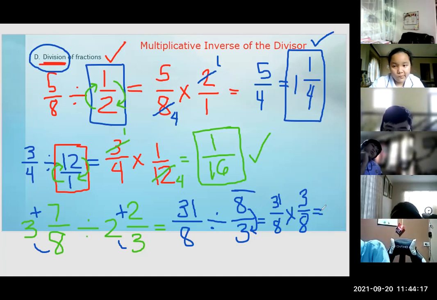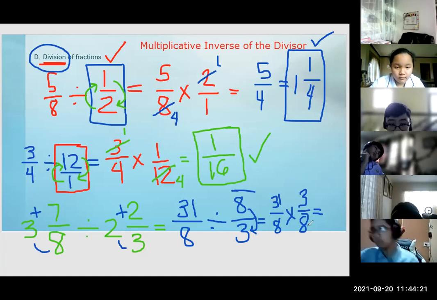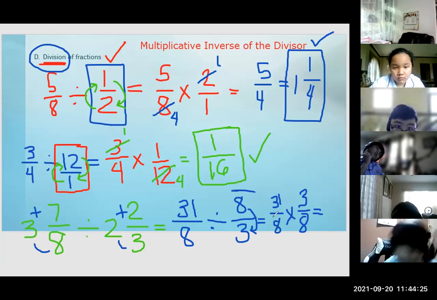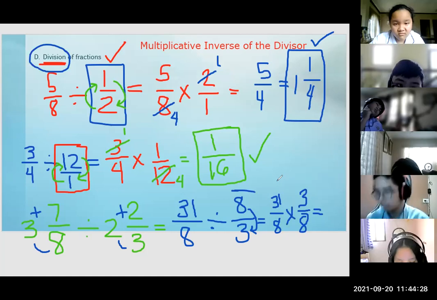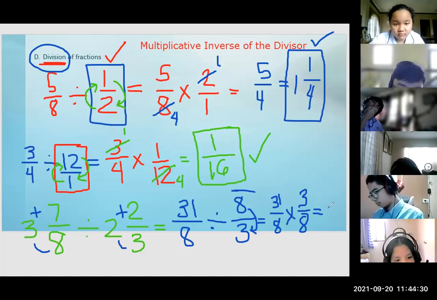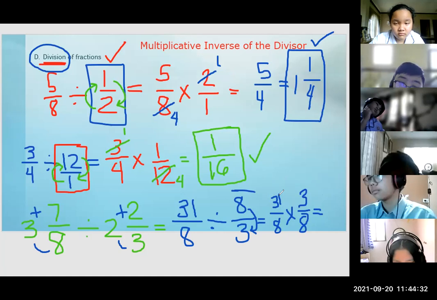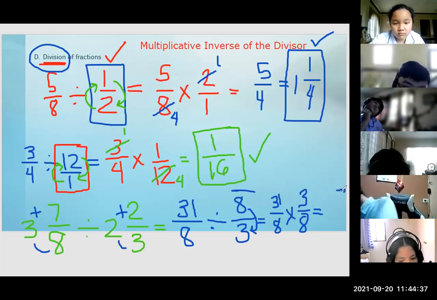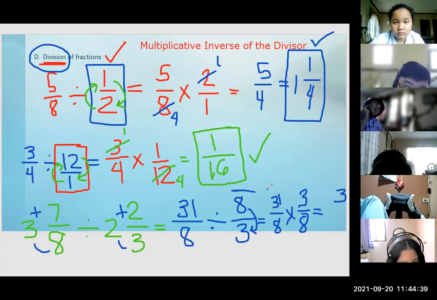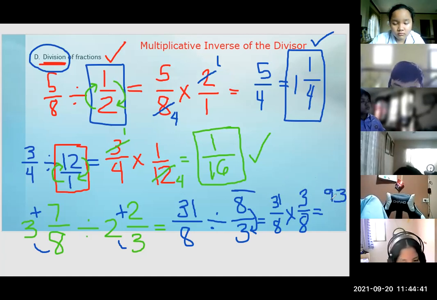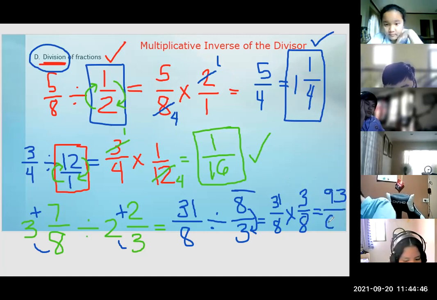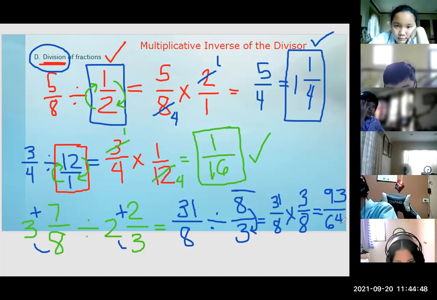Check. Are there numbers to be simplified? 31 and 8? How about 3 and 8? Yeah. There are no numbers that can be simplified. Multiply right away. 3 times 1, it's 3. 3 times 3, 9. 93. 8 times 8, it's 64.